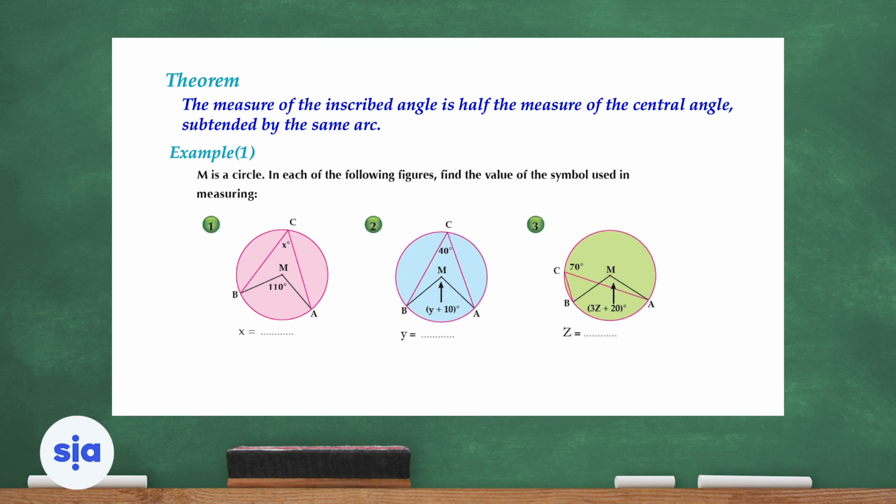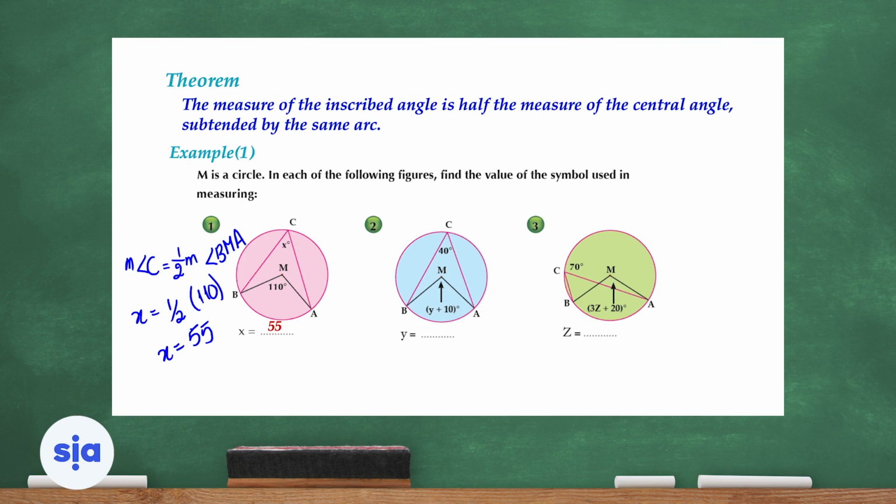So in this case, the measure of angle C is half the measure of angle BMA. Then X is half the 110, then X equals 55. So X in this case equals 55.